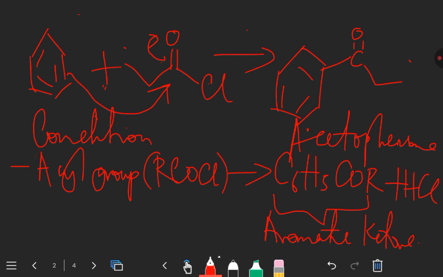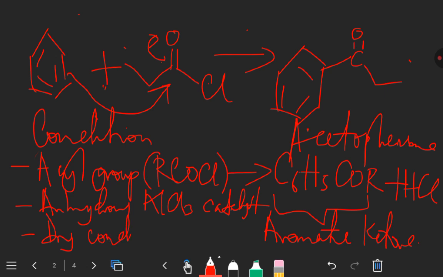Then we must also have anhydrous aluminum chloride, which will be acting as a catalyst. Other than that, there has to be a dry condition for this reaction to take place.